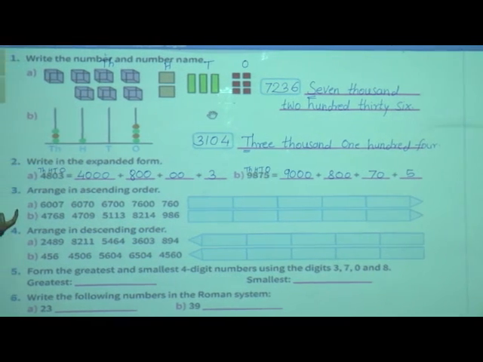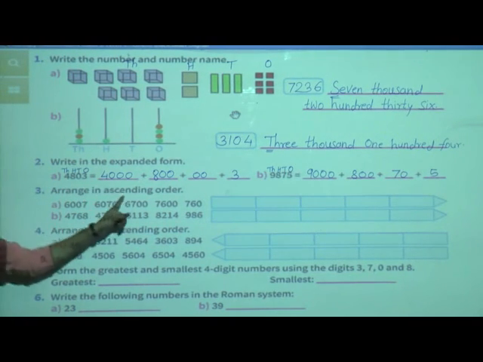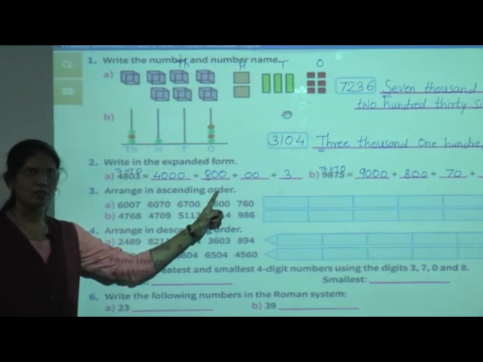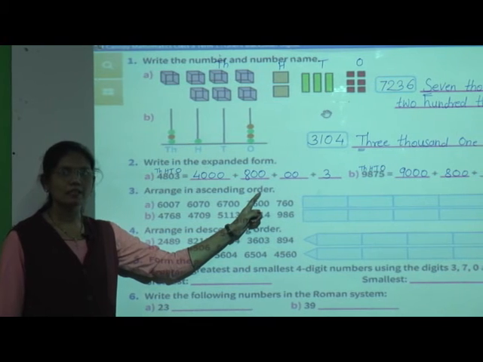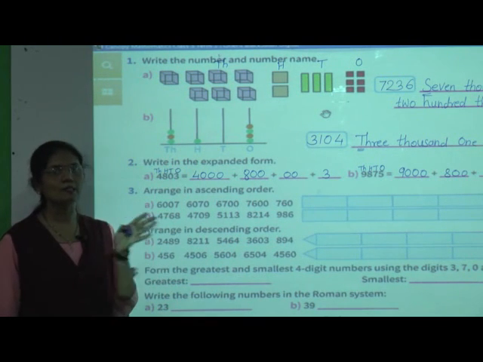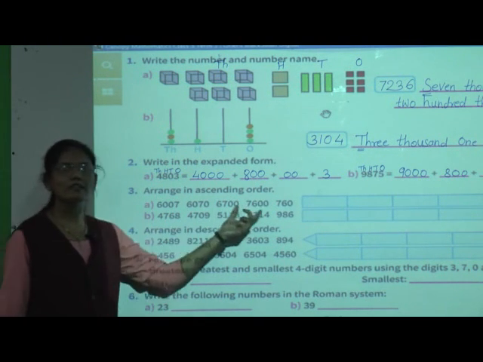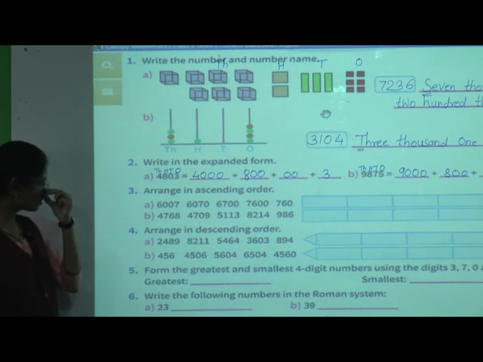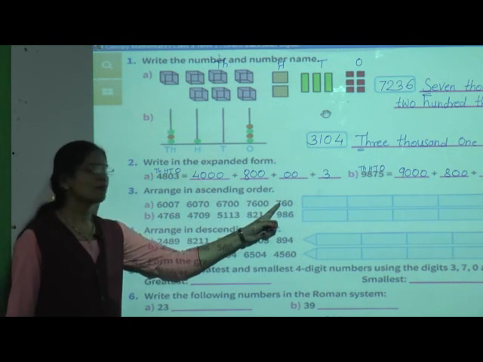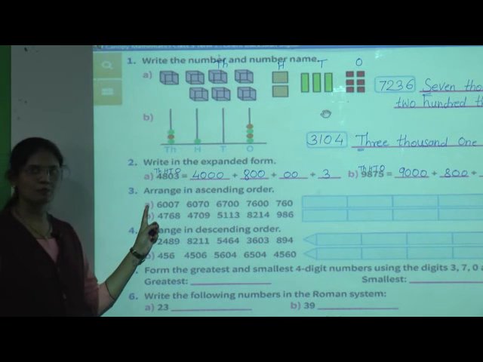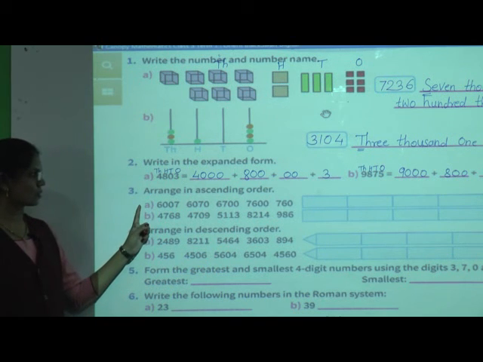Now shall we move to the next question? Now see the third question. Arrange in ascending order. Ascending order means what? Increasing order, means from smallest to biggest we have to arrange these numbers. Now students, first we will see which number is smallest. See this A question.